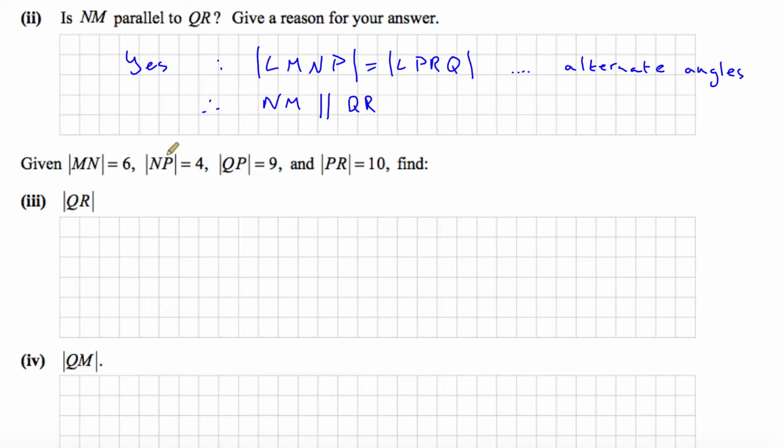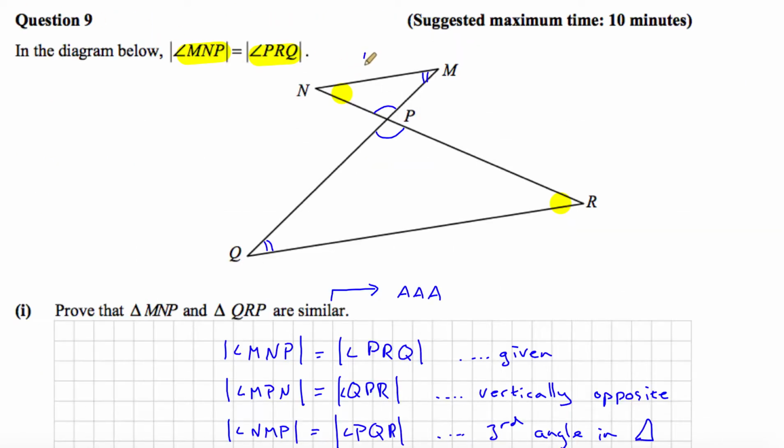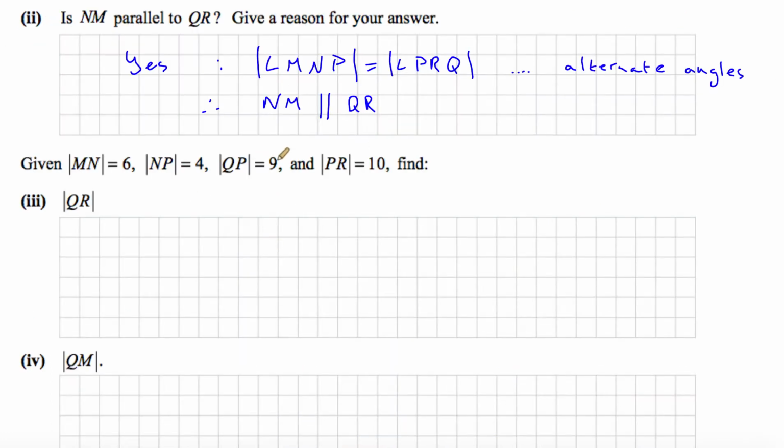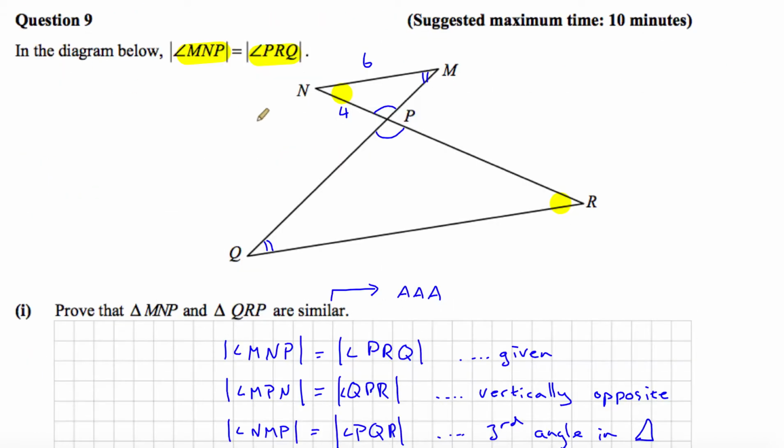So I'm going to put these measurements in first of all on the diagram that was given. So MN is 6 and NP is 4. QP is 9, that's this side, and PR is 10, that's that side, that length there.